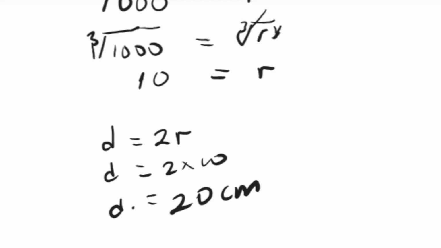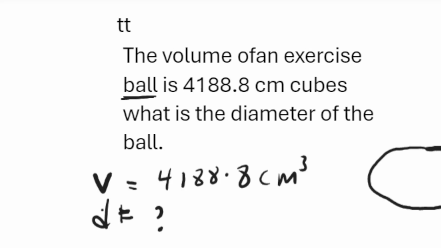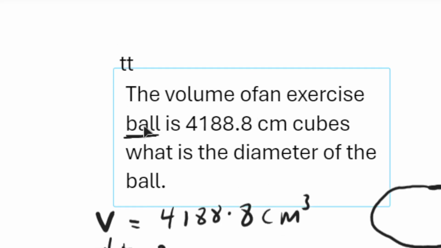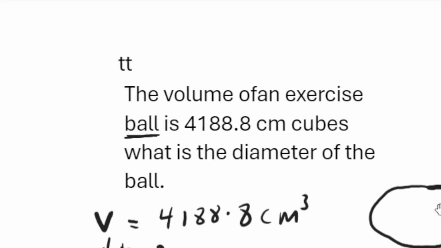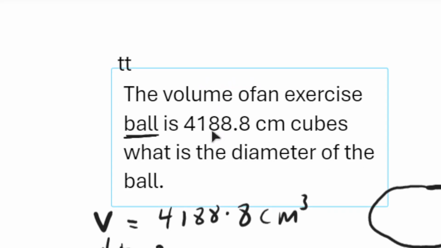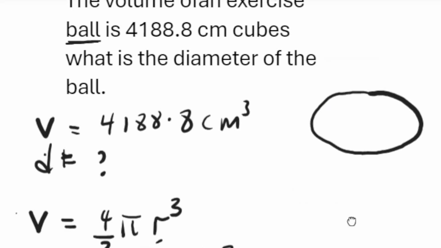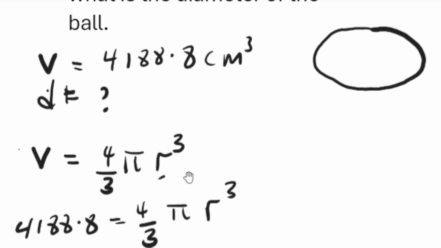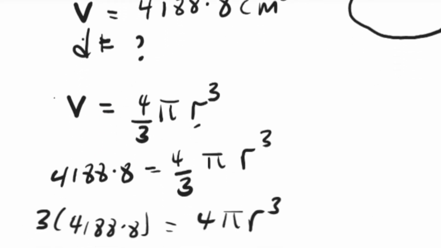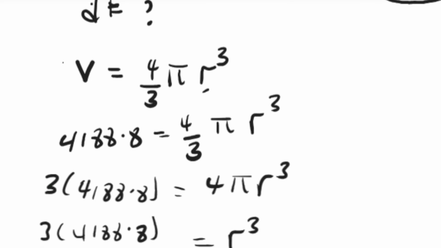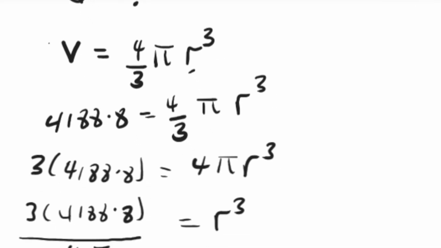So you see, we use this formula to find the diameter. What you needed to do in this question is find out what shape the ball is. It's a sphere, and you have the volume of that ball, so you use the volume of a sphere to calculate. All you need to do is put it in and use your algebraic knowledge to find your r.